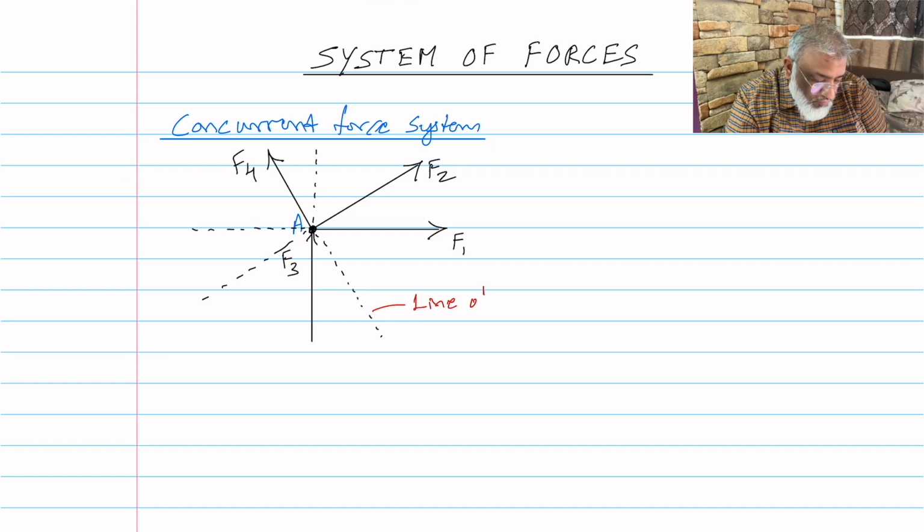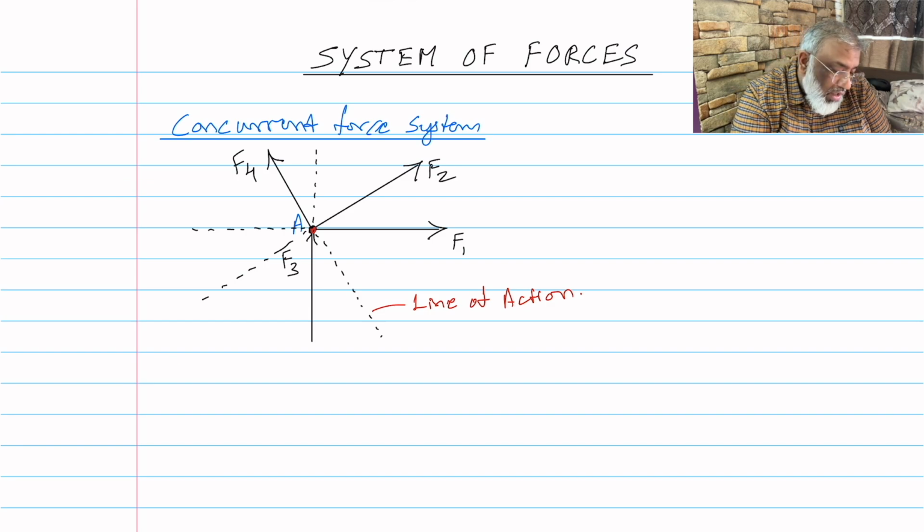When the lines of action of all the forces pass through one single point A, we say that all the forces are concurrent. That means all the forces are making a concurrent force system in which the single point of intersection of line of action of all the forces is the same. This is called concurrent force system.